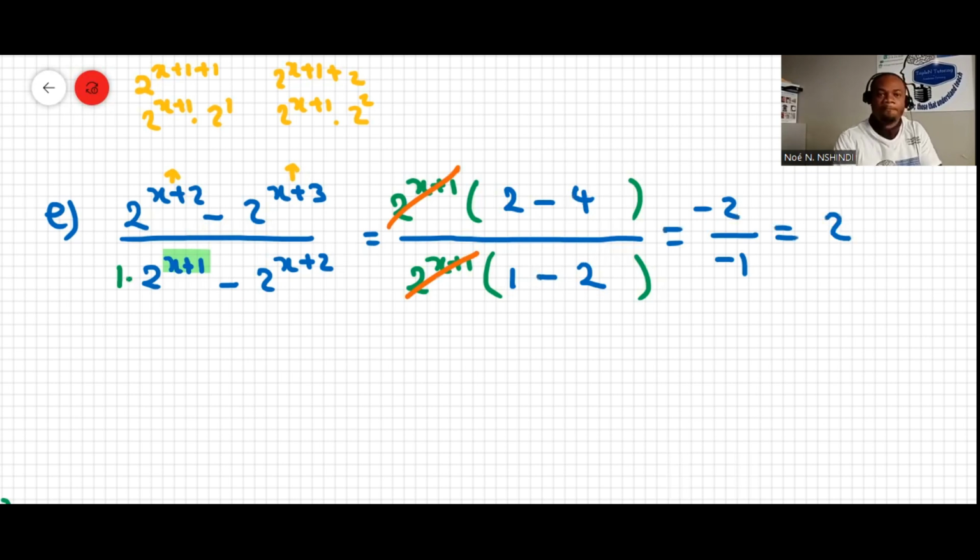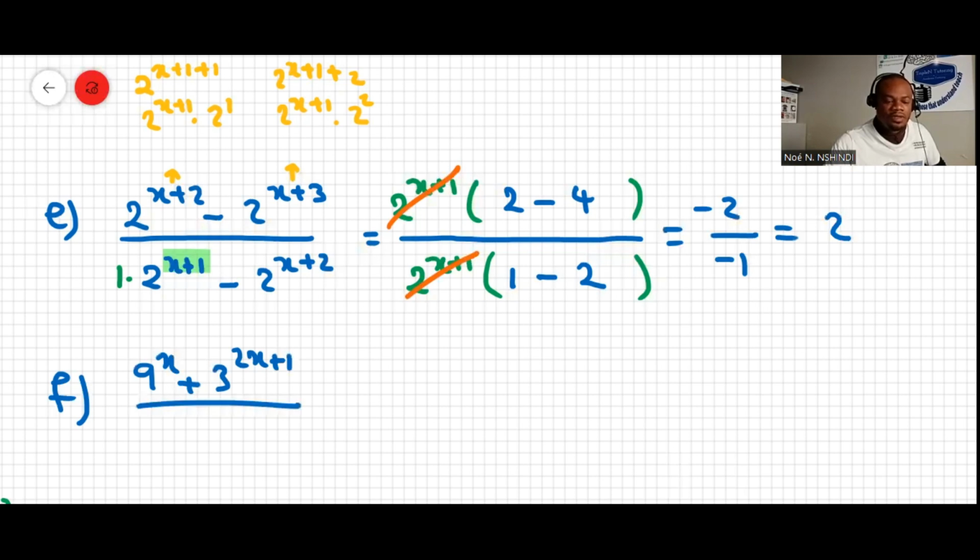We can also do F here. Question F says 9 to the x plus 3 to the 2x plus 1 over 18 to the x multiplied by 2 to the 1 minus x.